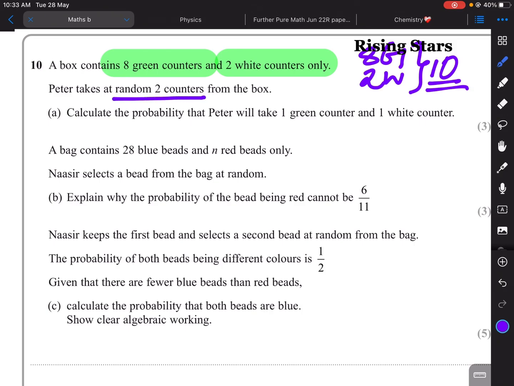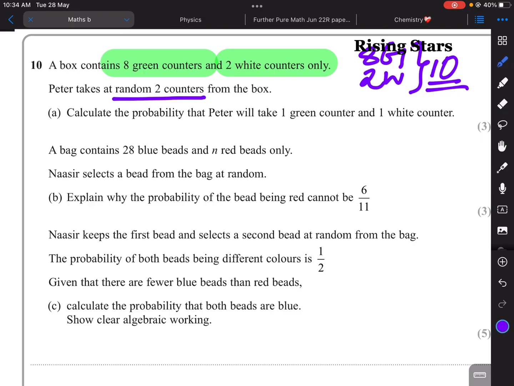So he takes 2 counters from the box without returning it back to the box. If he takes 1 counter from the box, he is now left with 9 counters. Alright, so if he takes another counter, he will be left with 8 counters, and so on. So this is the idea that you must have for this kind of questions.